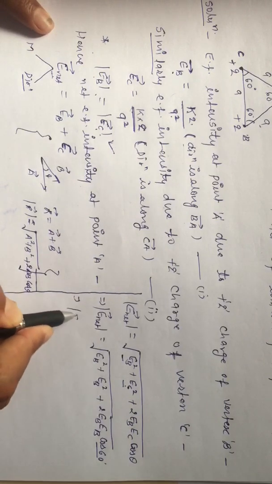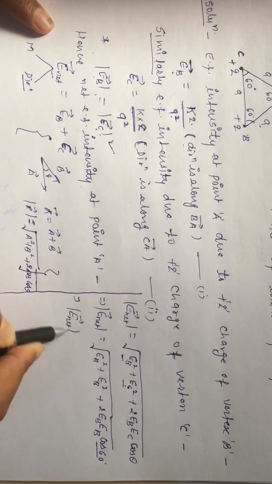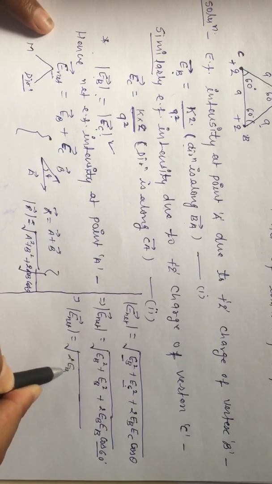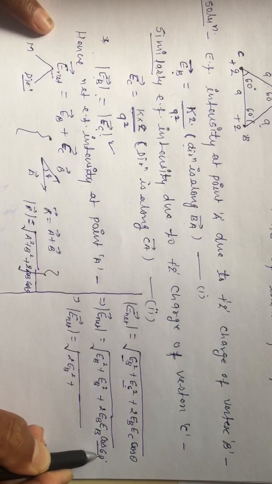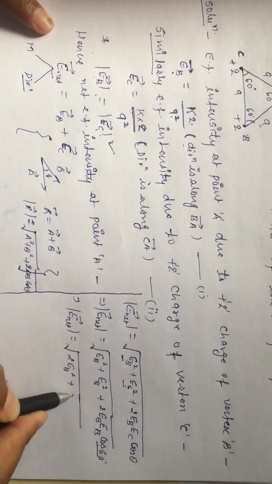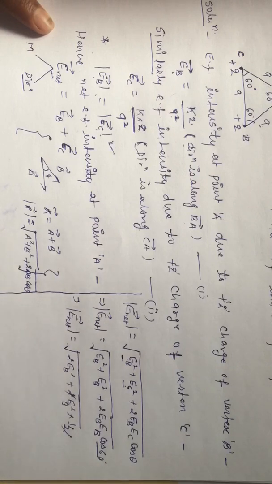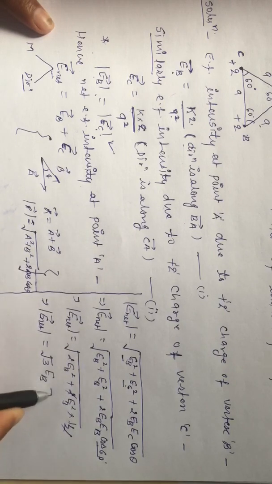Now the magnitude of E net will equal under root 2EB square plus 2EB square into 1 by 2, the 2 cancels out. So finally the magnitude of the E net vector will equal root 3 EB. And what is EB?